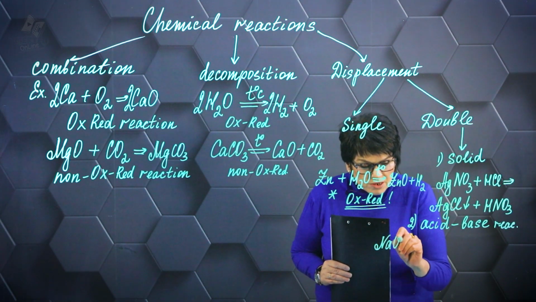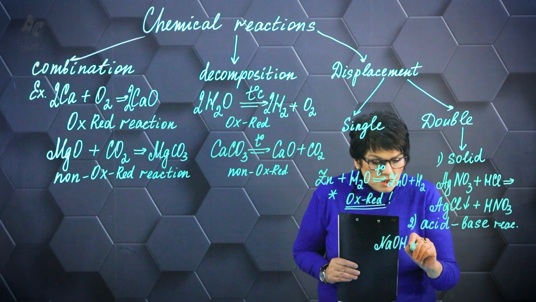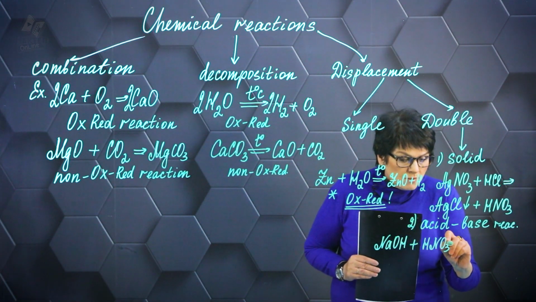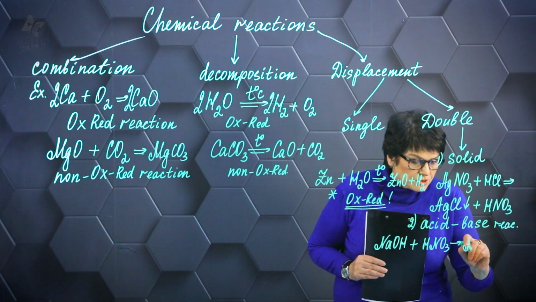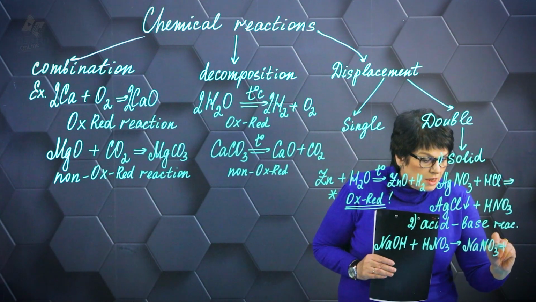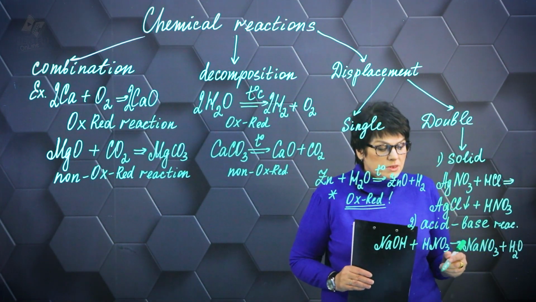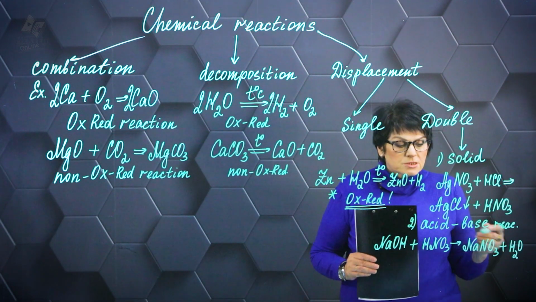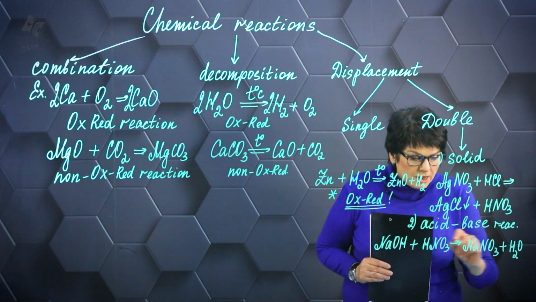It could be the interaction of sodium hydroxide and, let's say, nitric acid, in which case you would form NaNO3, the salt sodium nitrate. And the second product would be water. Water is a weak electrolyte, hence the reaction will occur irreversibly.